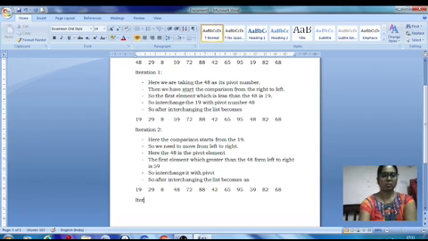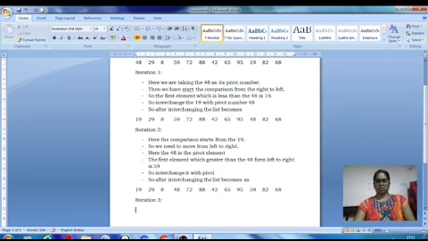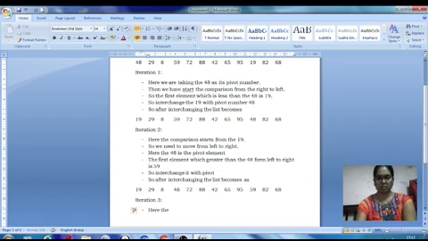So now again we need to consider iteration 3. Here the pivot element remains the same, 48.